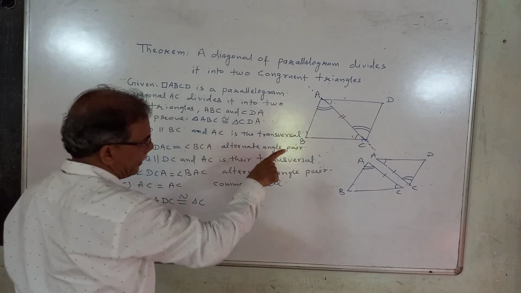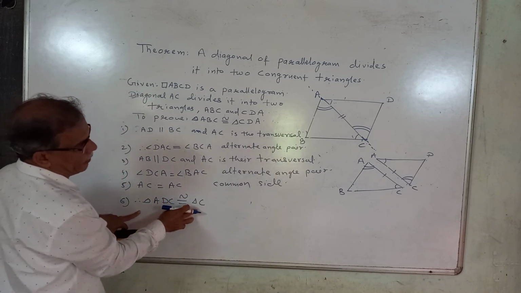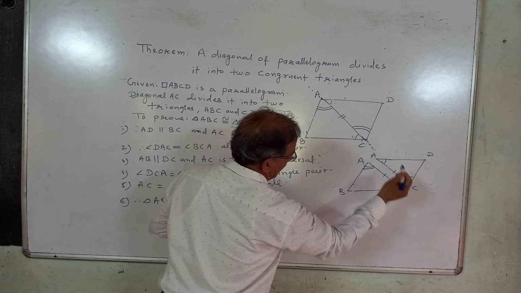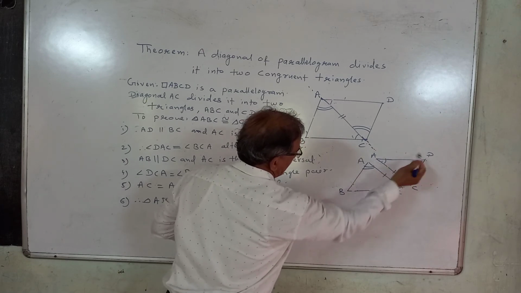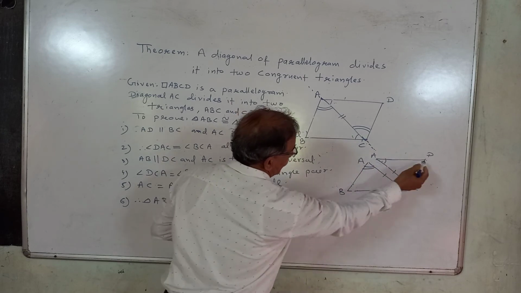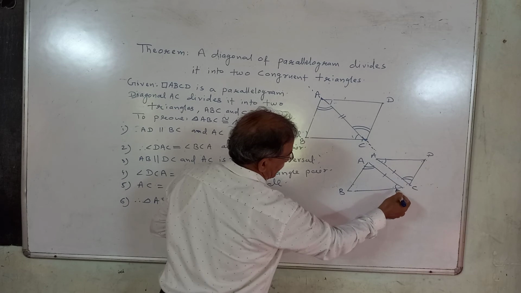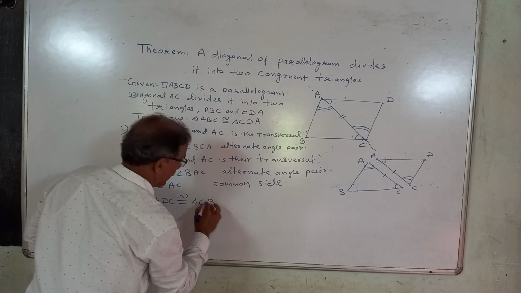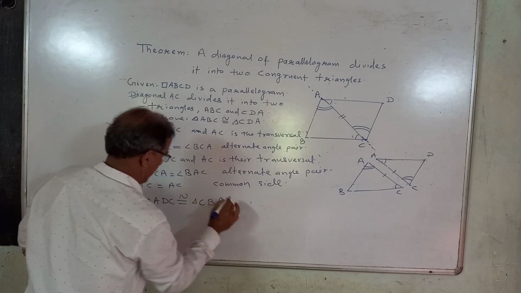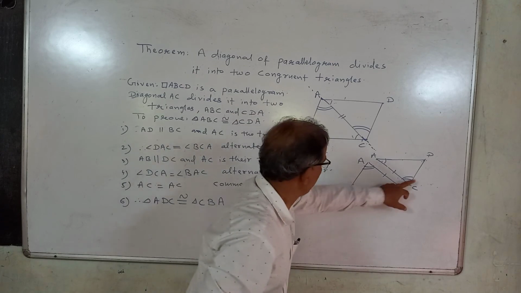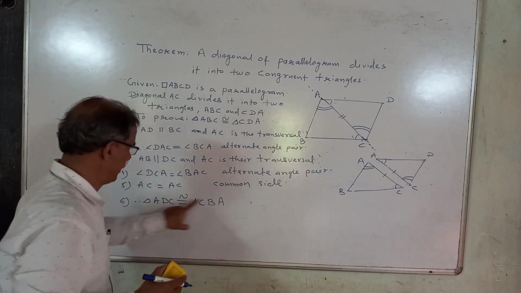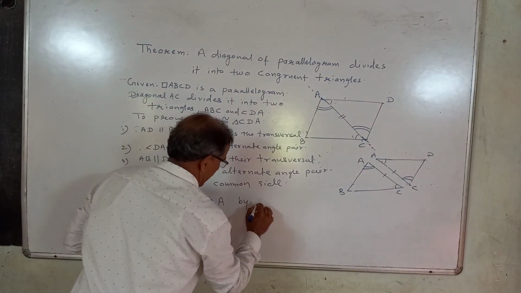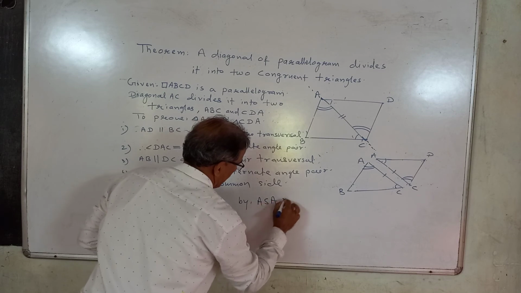So what will we write as correspondence now? A to C, then A to D, so D to B. C to A. So triangle ADC congruent to triangle CBA. Now see, this angle C equal to this angle A, C corresponds to A. And by which rule? By ASA rule.